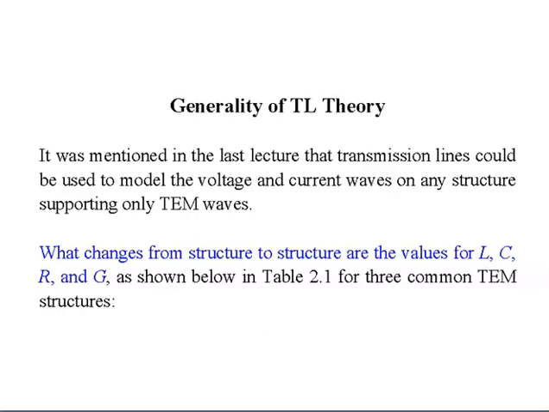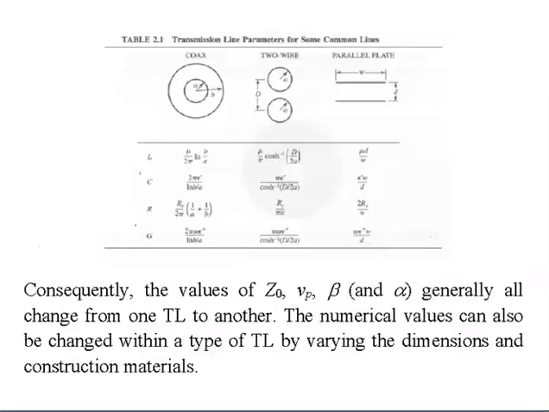What changes from structure to structure are the values of L, C, R, and G. You can play around with the values of L, C, R, and G. Consequently, the values of Z0, Vp, β, and α will generally change from one transmission line to another.